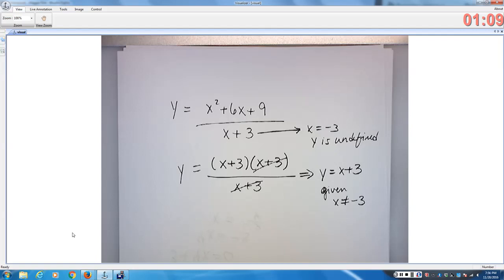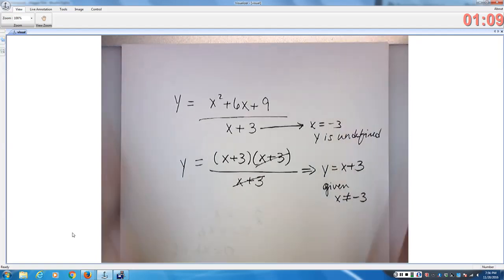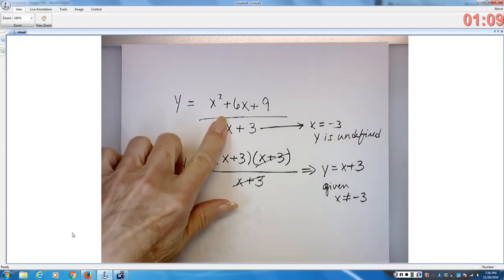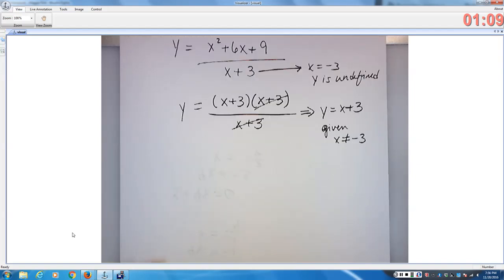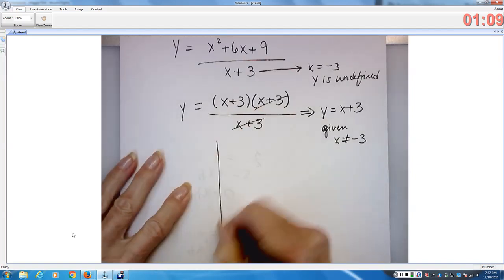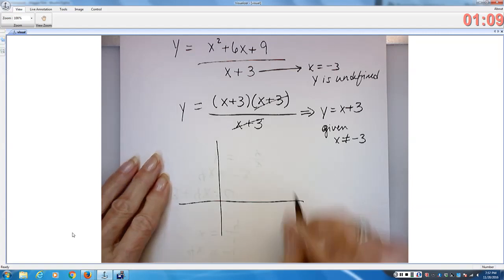I'm going to go back to it anyway so you can see. Okay? So what it means is that whatever weird behavior I might have expected from this, what's actually going to happen is I'm going to get a graph that looks like this.